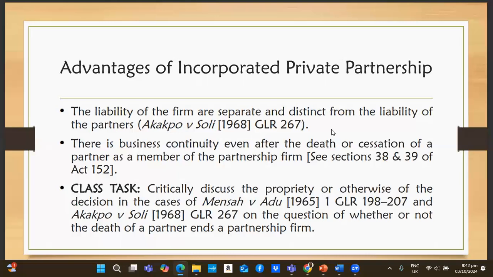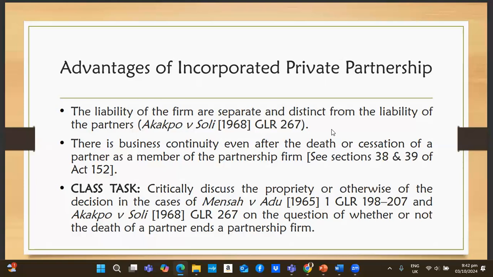Yesterday's work, some of the facilitative provisions in Act 992. Section 6, right to form a company: one or more persons may form an incorporated company under this Act. And Section 7 also talks about types of companies. Section 7.1, an incorporated company may be A, a company limited by shares, B, a company limited by guarantee, C, an unlimited company, or D, an external company.